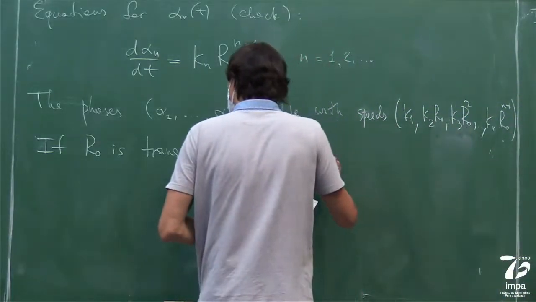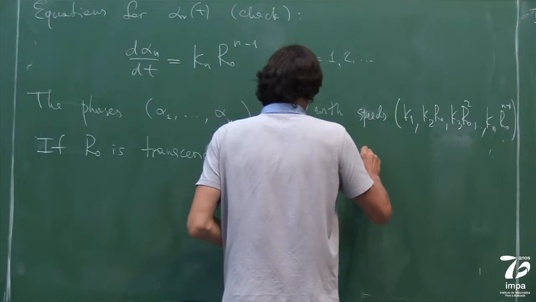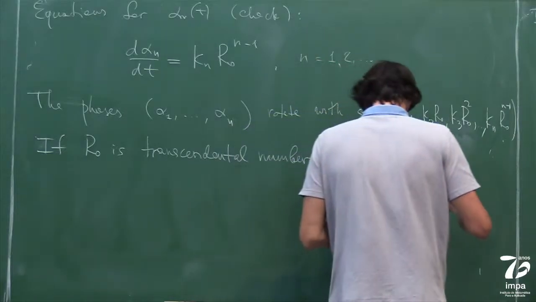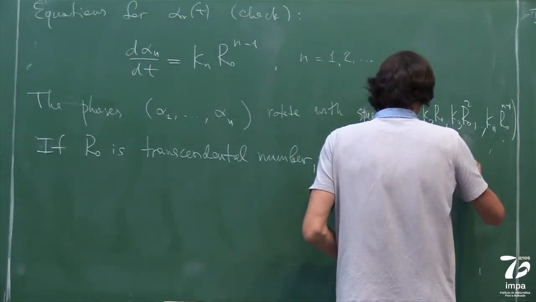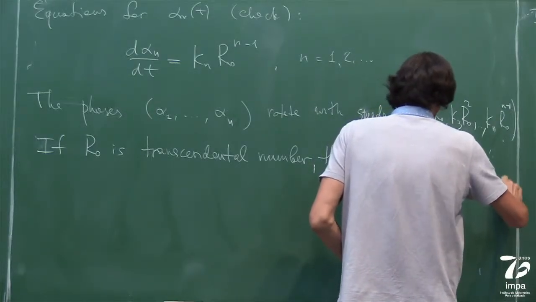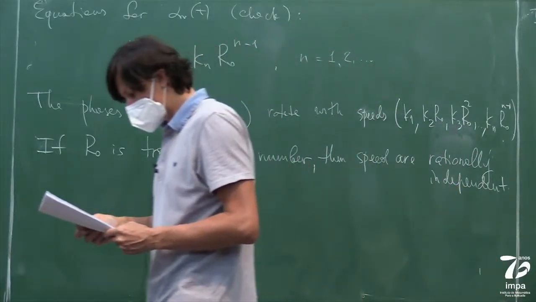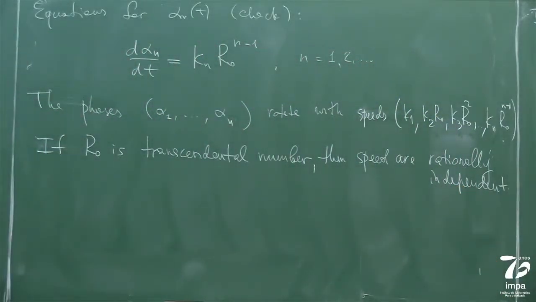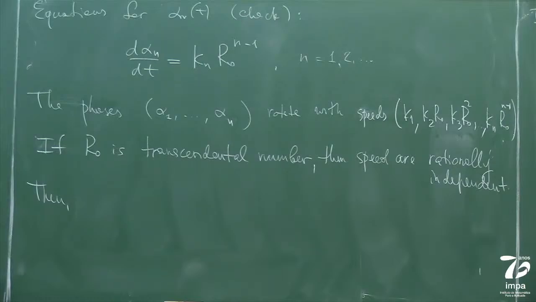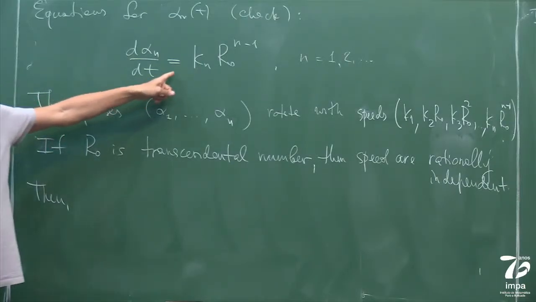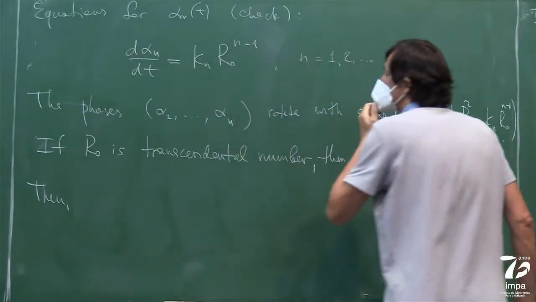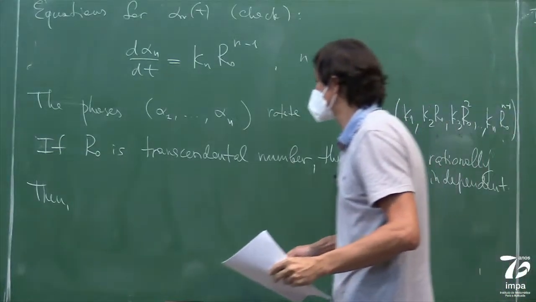So then speeds are rationally independent, and then there is a theorem which tells that whenever you have angles rotating with rationally independent speeds, the system is what's called uniquely ergodic.